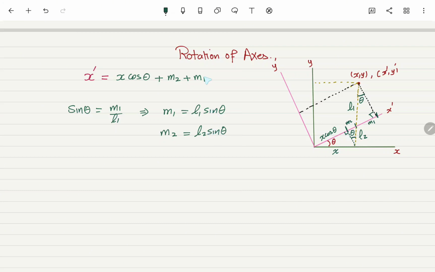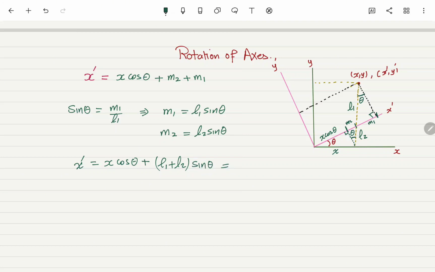Based on this, if we plug them back in this one here, x prime equal to x cosine theta plus L1 plus L2 sine theta, because it's the same angle.